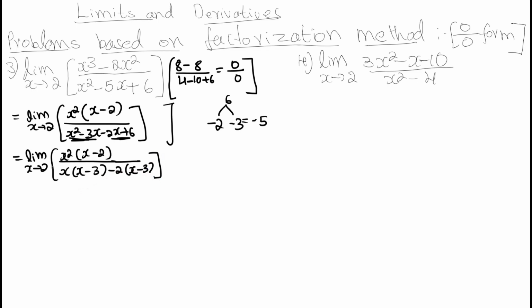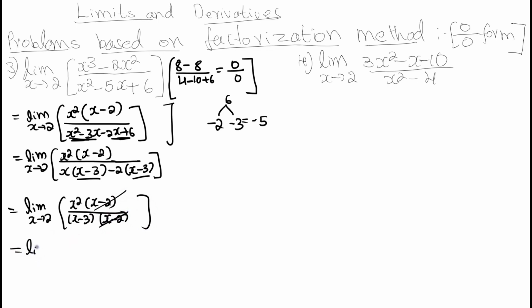So in the next step, it's equal to limit x tending to 2, x square into x minus 2 divided by, the common term is x minus 3. Here x minus 3, x minus 3 is there. Keep that x minus 3 outside. So the remaining term is x minus 2. Now see, numerator x minus 2, denominator x minus 2 get cancelled.